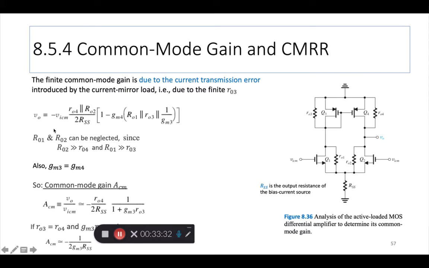So in this formula, you can neglect these big R's. Also these two GMs, GM3 and GM4, are pretty much identical. So luckily this huge formula can be reduced to VO by VICM, that is the output by the input common mode signal, to get this simple formula.